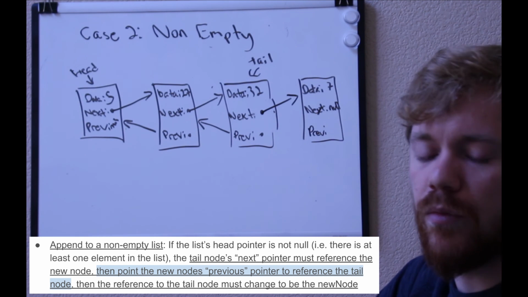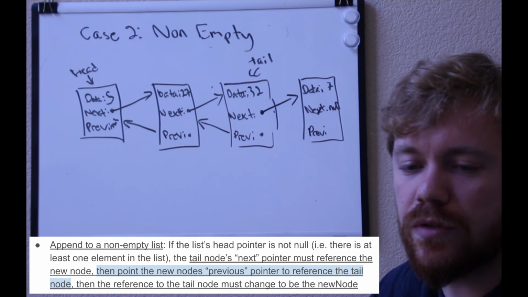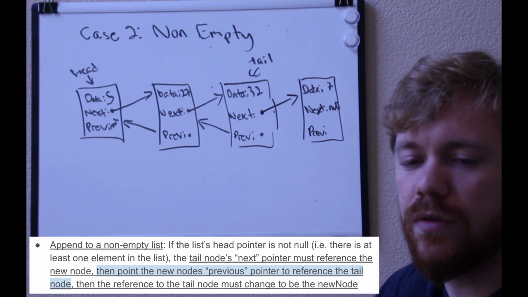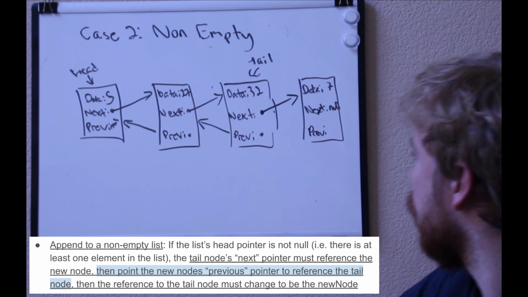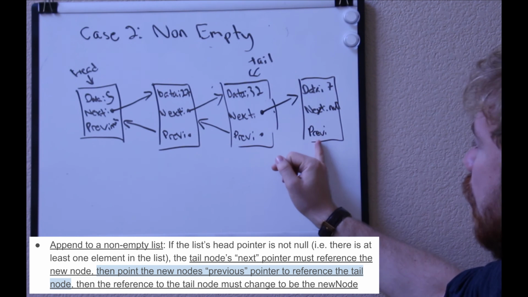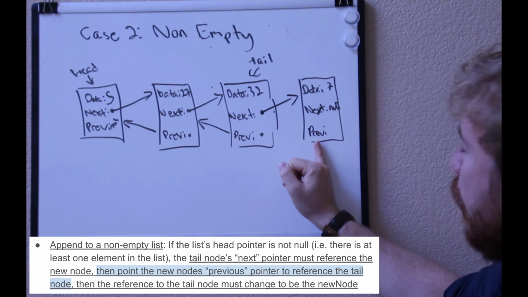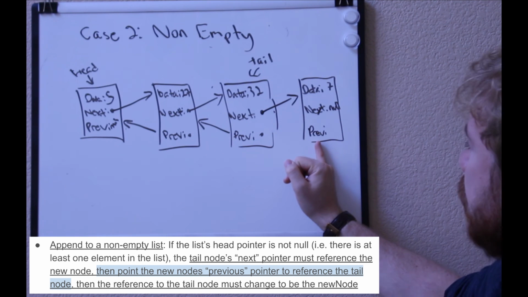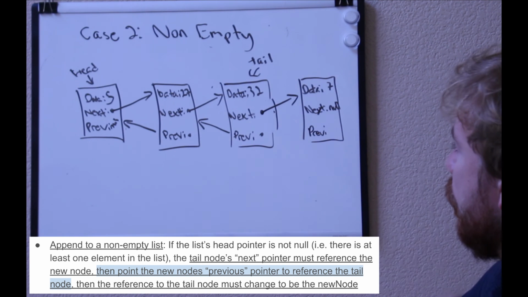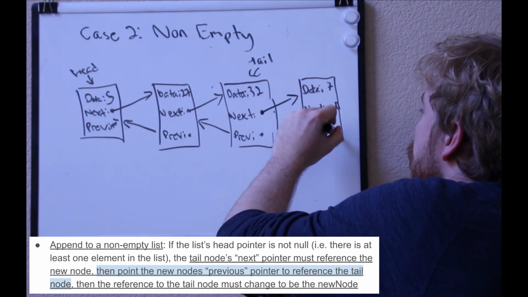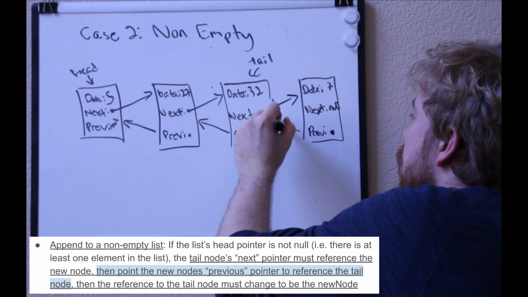Then we must change the reference of the new node's previous pointer, or variable, this guy, to reference the tail node, this guy. So prev is now set to reference this guy.